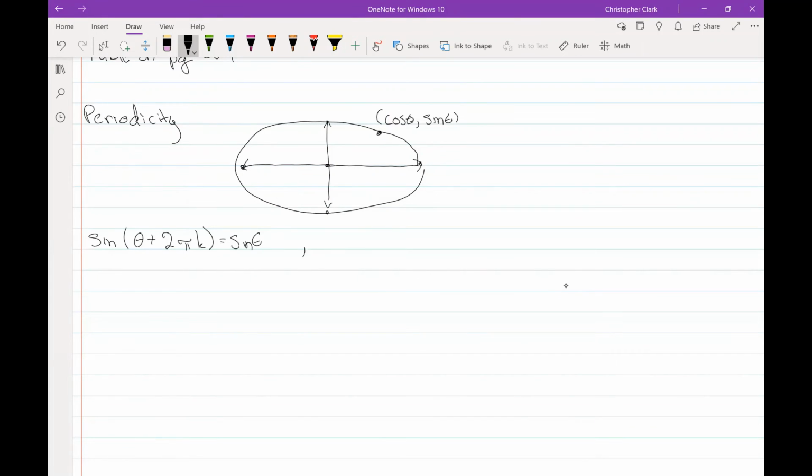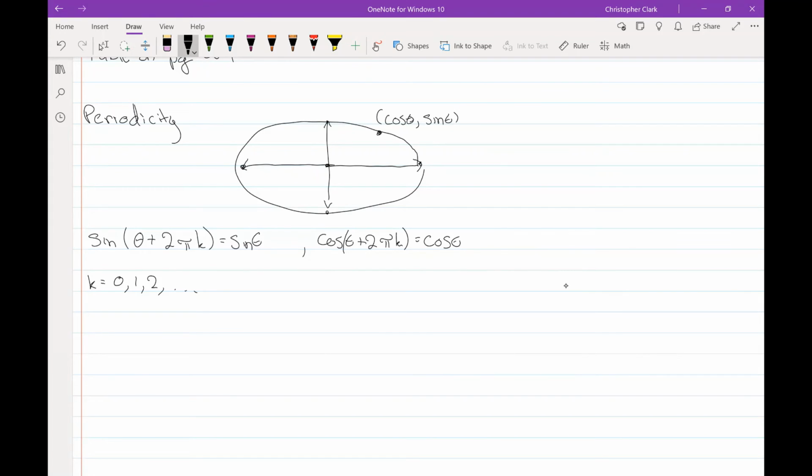And similarly, cosine of theta plus 2 pi k is equal to cosine theta again, right? If I go a full circle, I end up exactly where I started. So this k is equal to 0, 1, 2, so on and so forth. And this is a fancy way of saying that if I go around the circle once, I'm back where I started. If I go around twice, back where I started, so on and so forth.